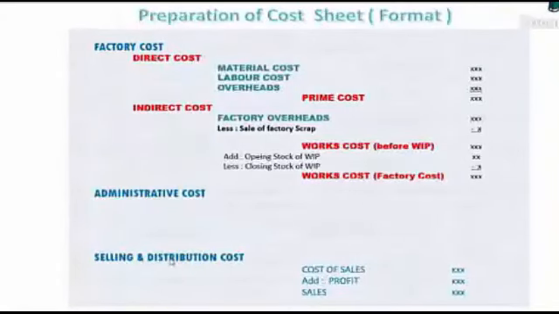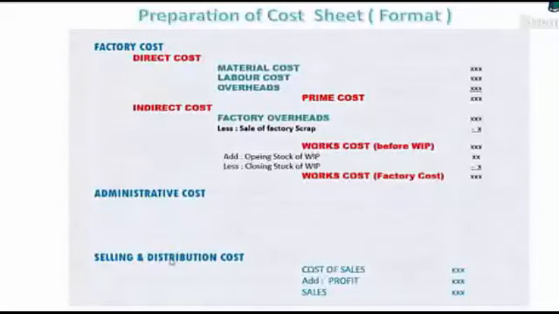Till now we are saying all these are factory costs. Perfectly right. But when you as a cost accountant want to present this factory cost to somebody, always call it works cost. And that is why in India, the qualification is Cost and Works Accountants of India. So works indicates a factory.